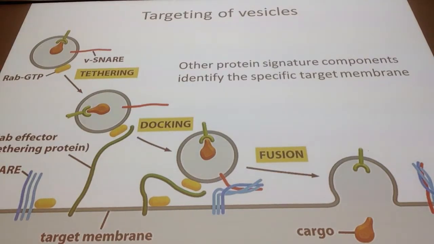A particular Rab-GTP on the vesicle indicates the protein signature of that vesicle, versus the Rab effector protein on the target membrane, which signifies the protein signature of that membrane. And so that's how targeting occurs, mainly through the protein signatures of the Rab and SNARE.